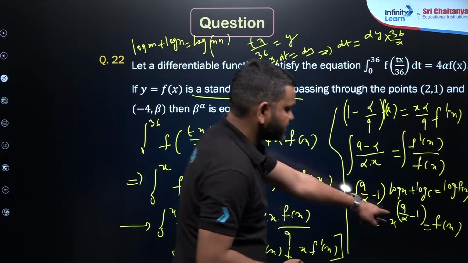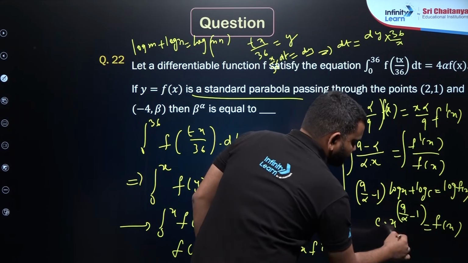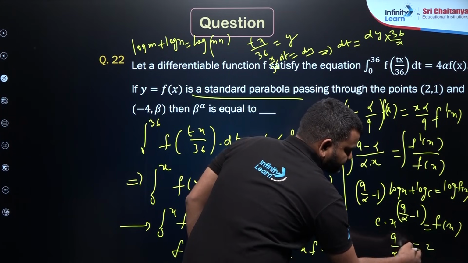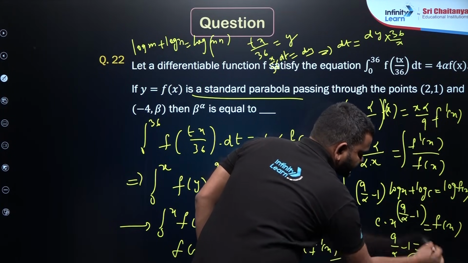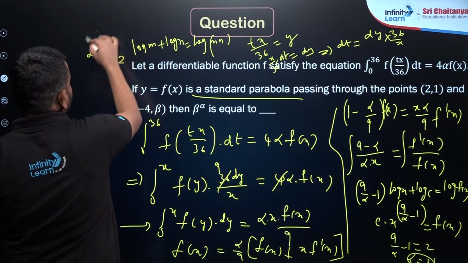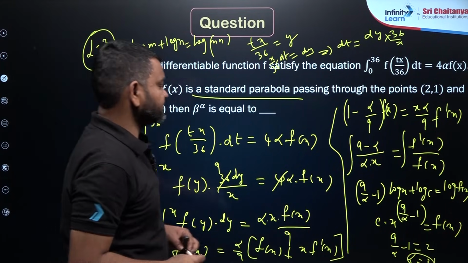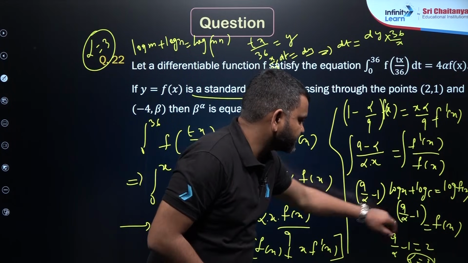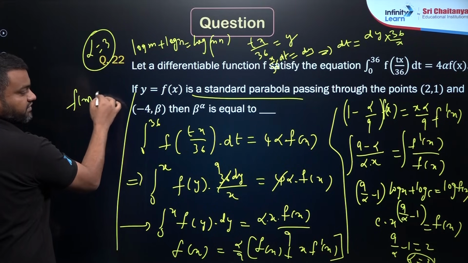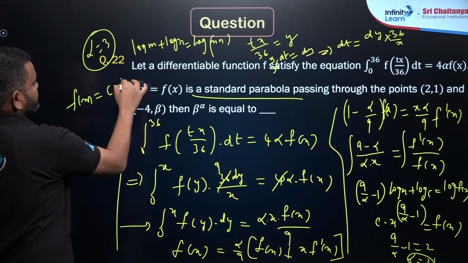So here 9 by alpha minus 1 needs to be equal to 2, so alpha value is going to become 3. If the value of alpha is 3, now this is square, so I am going to get finally f of x equals c into x square.